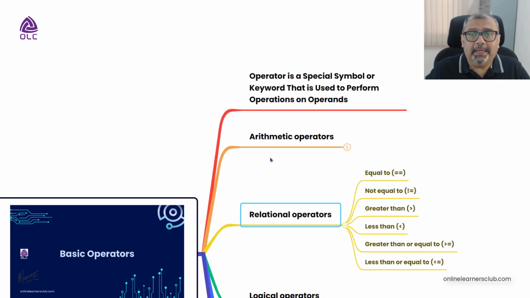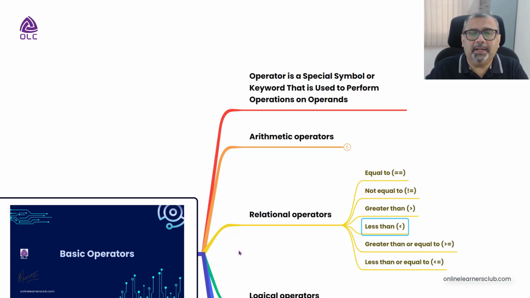Then we have relational operators. Whenever we want to compare two variables, or two objects in general, we could use these operators like equal to, not equal to, greater than, less than, greater than or equal to, less than or equal to.